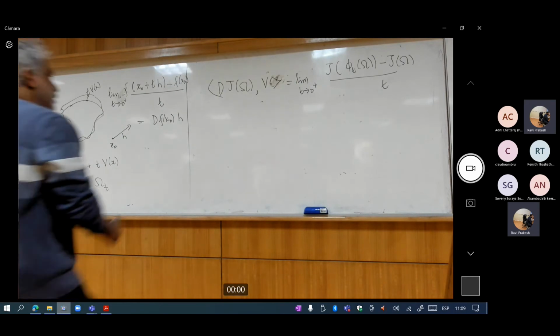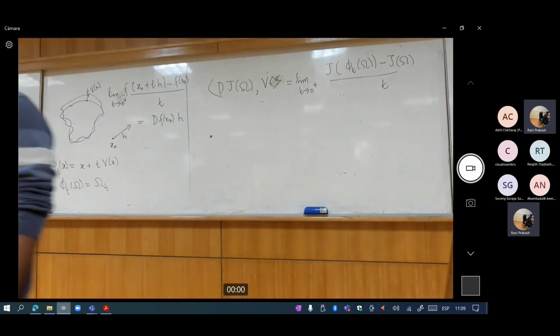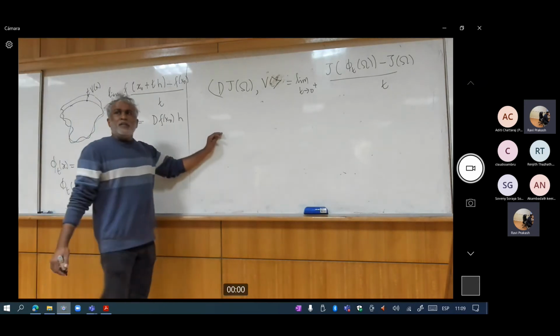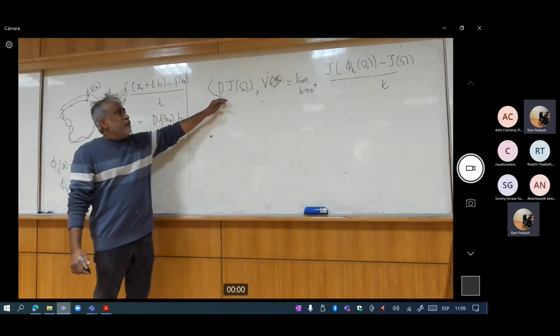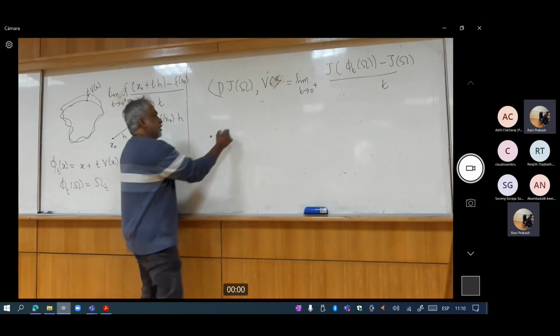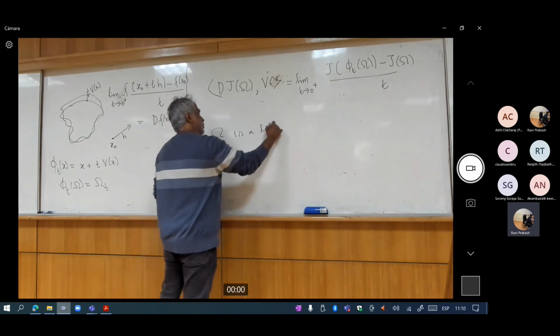And in analogy between the Euclidean problem and the infinite dimensional problem, there is a first order condition for a domain omega to be a local minimum.